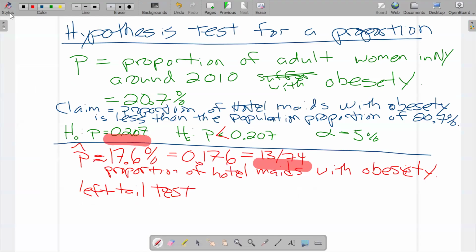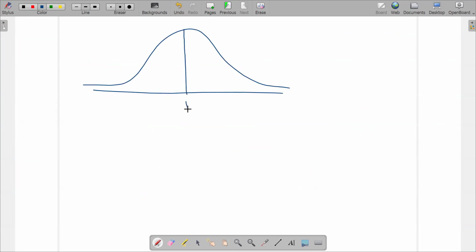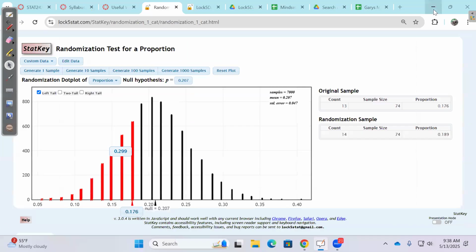All right. So putting all this together in a sketch. Sketch your best symmetric bell-shaped curve. And in the middle, we put a P for the population proportion. And that is the 0.207. The 20.7% was the state average. Our value, according to StatKey, is actually pretty close to that.